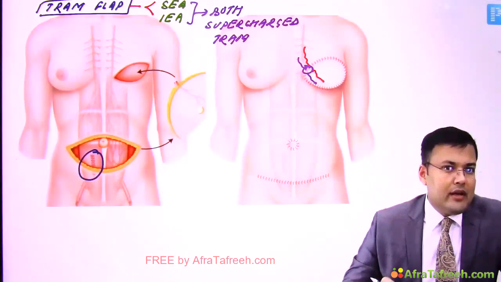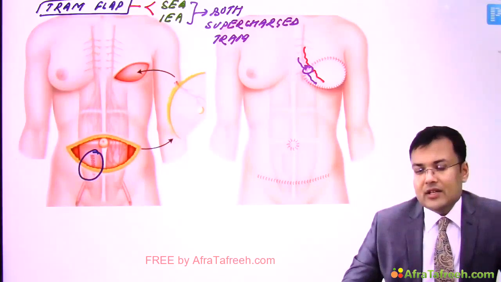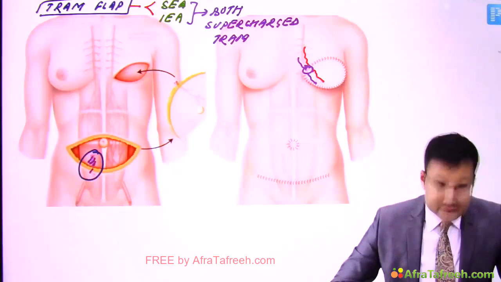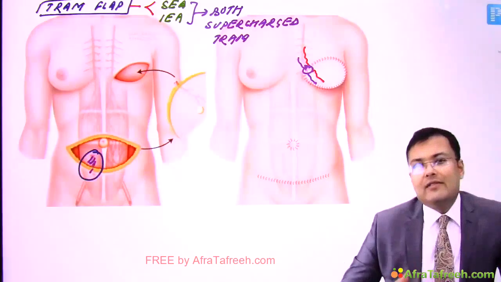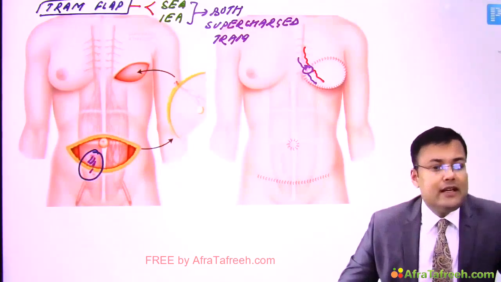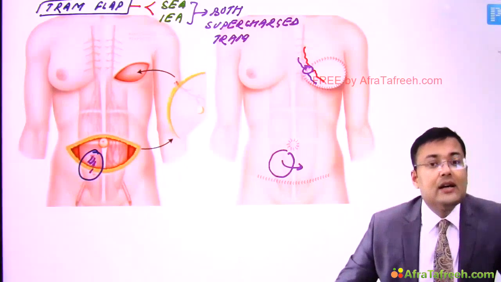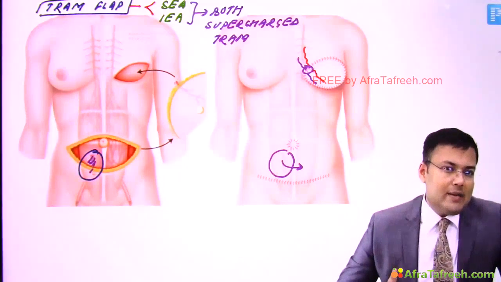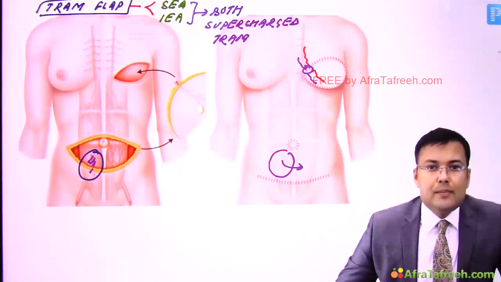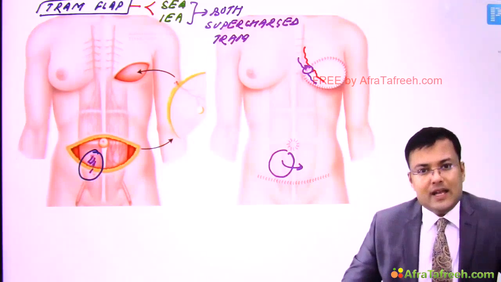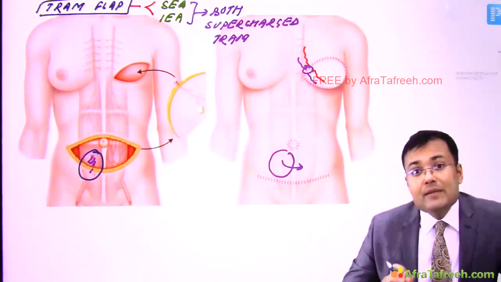TRAM flap is most commonly used flap for breast reconstruction, but it is not the best flap. Why? Because if you are going to cut the muscle from this area, after removing the muscle, there is weakness in this region, and because of this weakness, what will happen? There is hernia. That's why TRAM is most commonly used flap for breast reconstruction, but the best flap for breast reconstruction is DIEP flap, which is not having muscle.